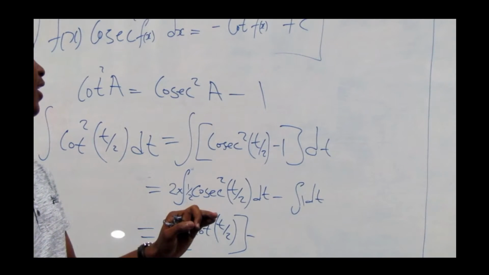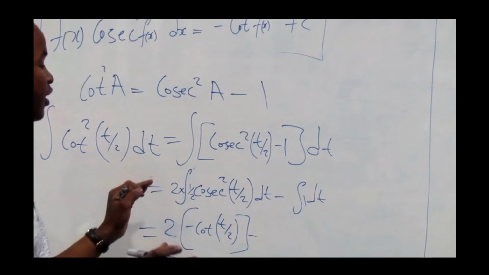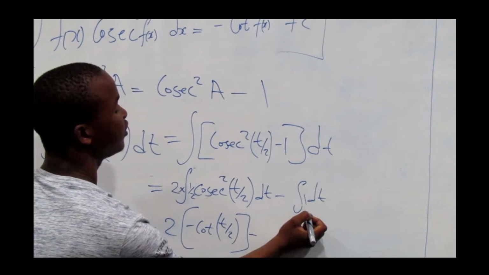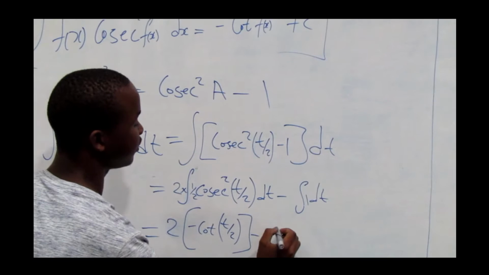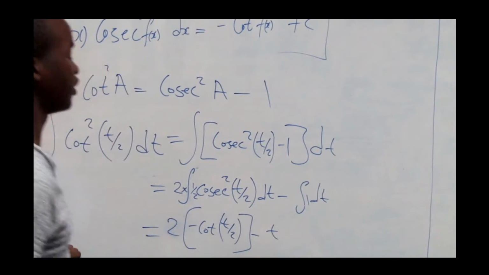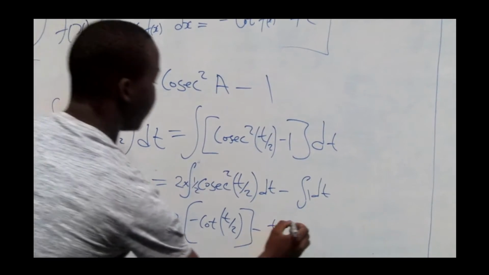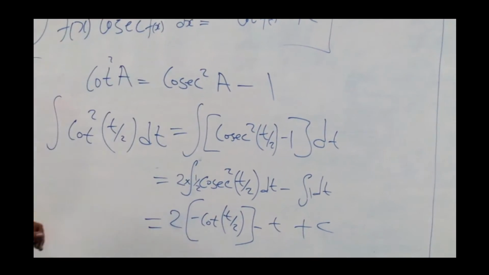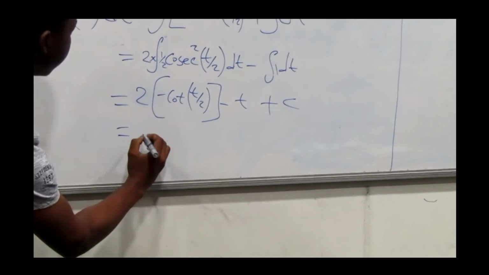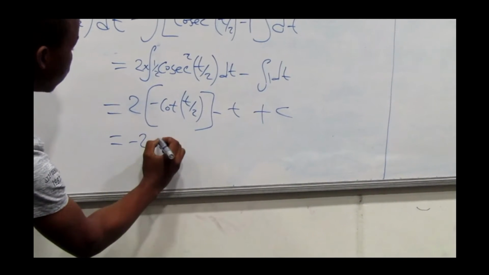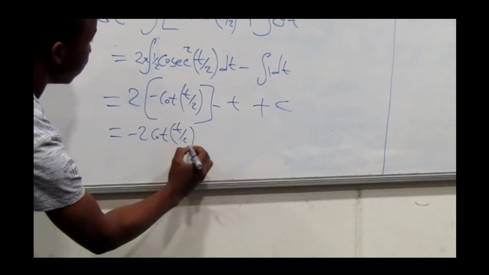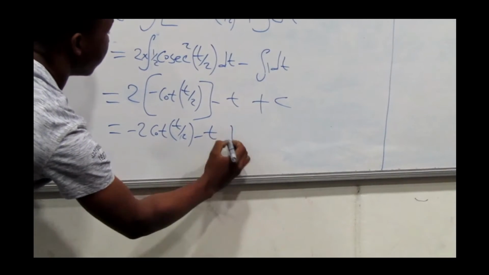It gives us a variable of that function, of which here an integration of 1 is going to give us t, so we're going to say minus t plus c. So when we simplify this, it's going to be negative 2 cot t over 2 minus t plus c.